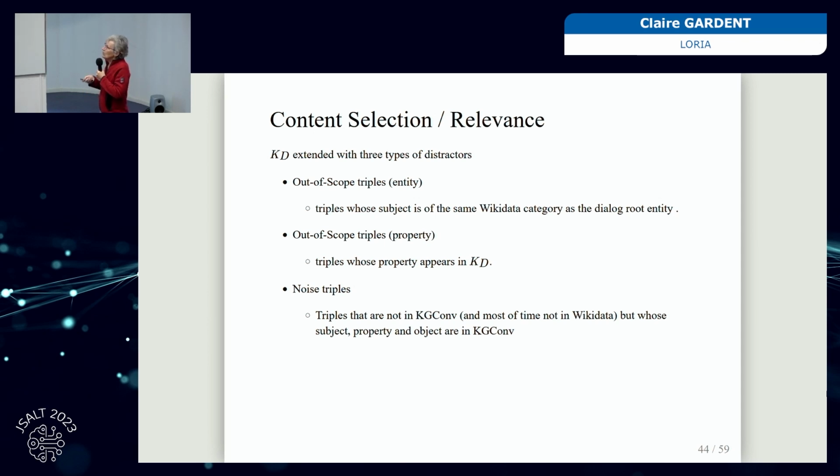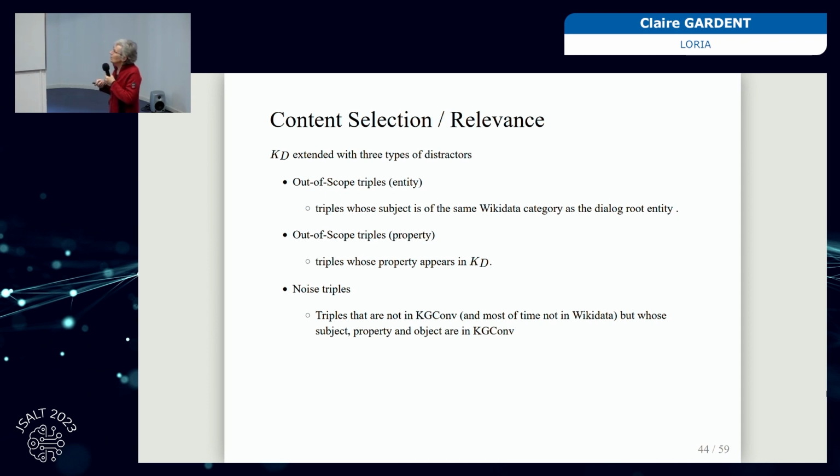But what we did was to add some distractors, so facts that are not relevant to the dialogue, to see whether the model would correctly not predict those triples, those facts. So we added 3 types of distractors, some of which are more or less similar to the relevant triples.